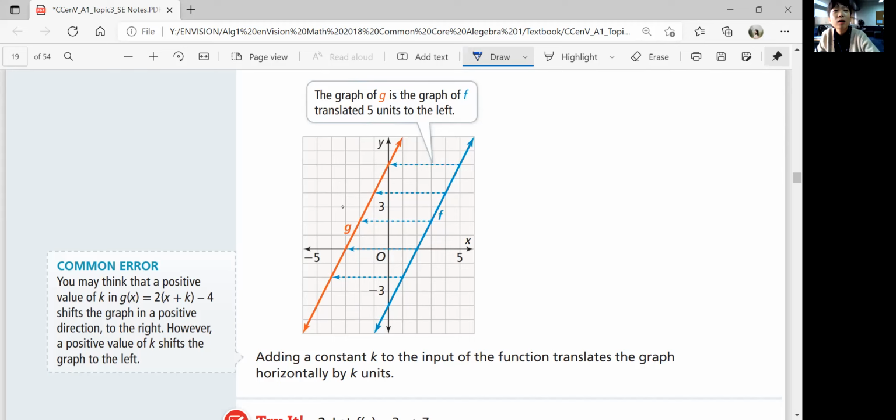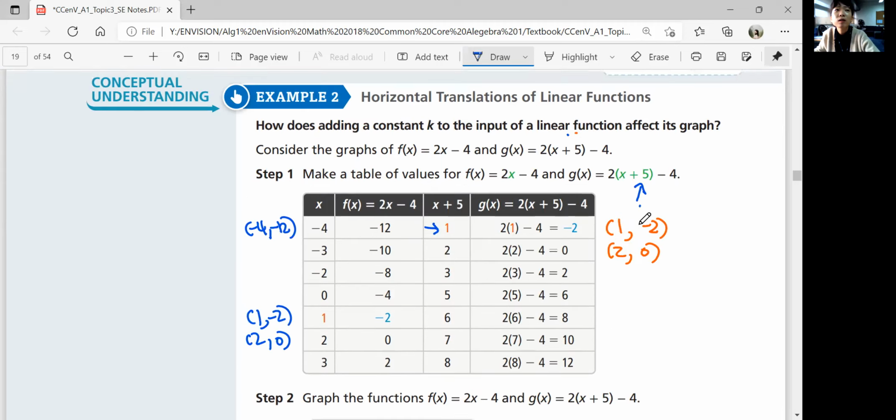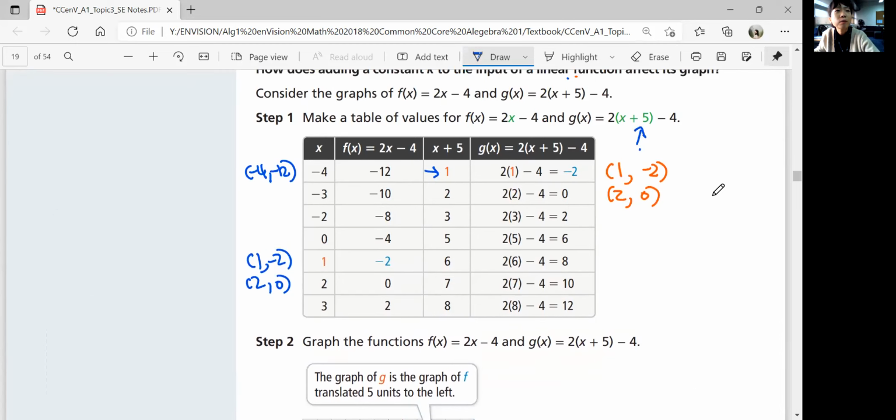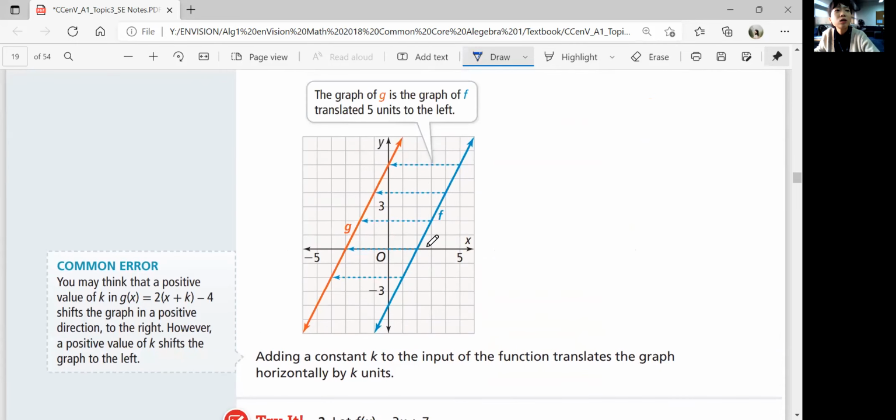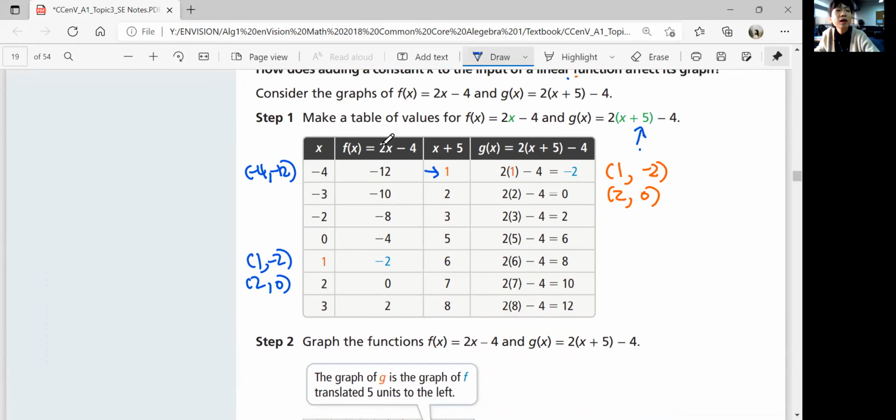But when you just plug in x values over here, you will start with different points, right? So when you plug in 0 for f, that's 2 times 0 minus 4, so that's -4. But if you plug in 0 in g of x, that's 0 plus 5.